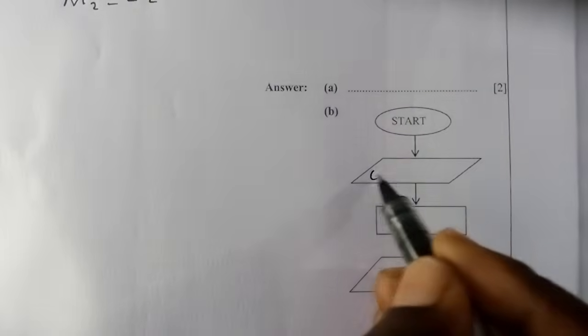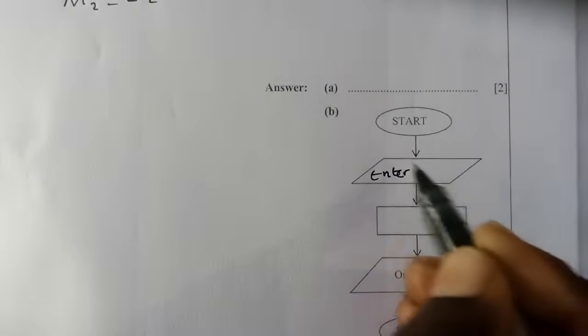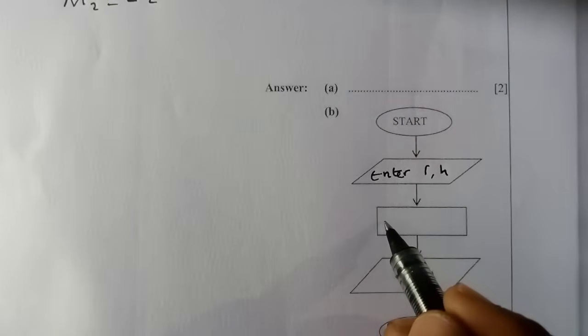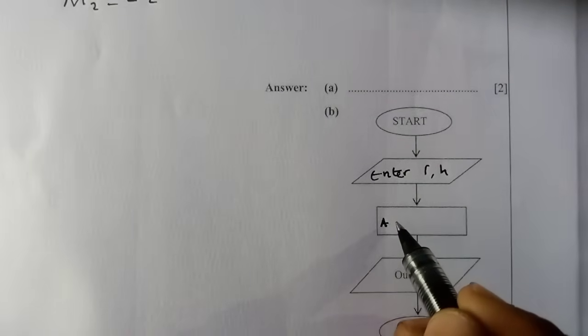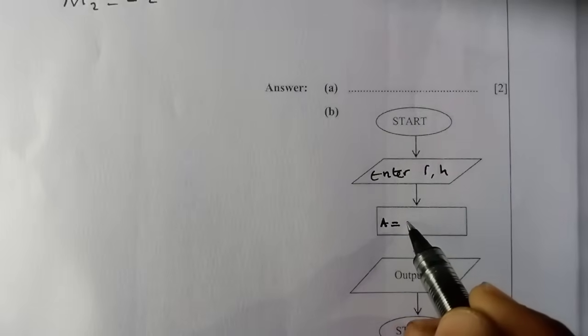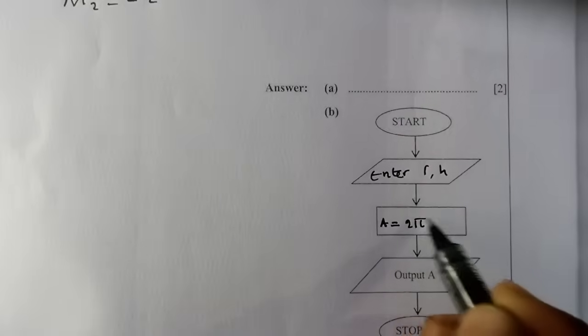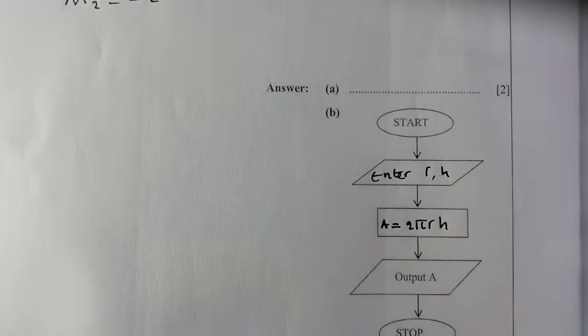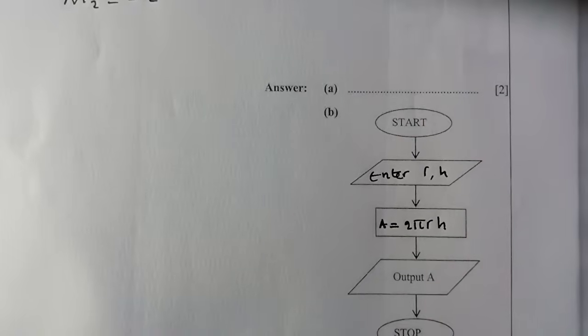So here it will be enter r, h. Here we just write the formula: A is equal to 2 pi r h. This is the formula for finding the curved surface area of a cylinder. So that's the formula. You write it just like that.